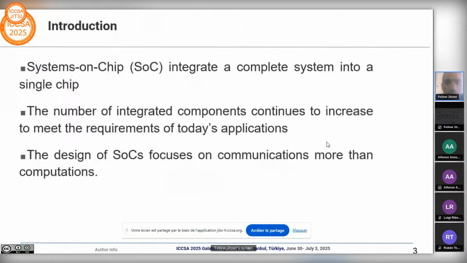System on chip is a chip that integrates a complete system in one chip, but the number of integrated components increases with the requirement of applications. The design of a system on chip is focusing on communication more than computation.